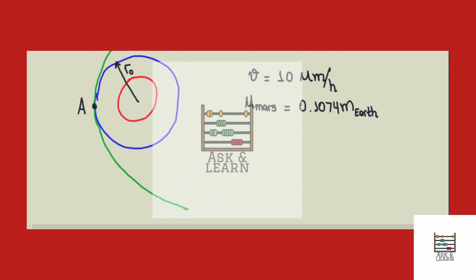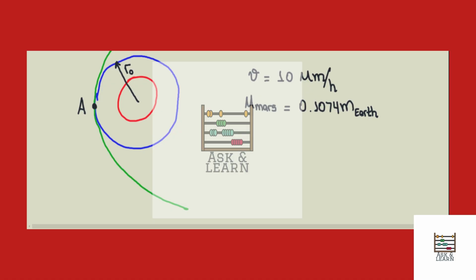So what we have is an explorer that is approaching Mars, and it approaches Mars in the trajectory shown here in green. At point A, the speed of this explorer is 10 megameters per hour.